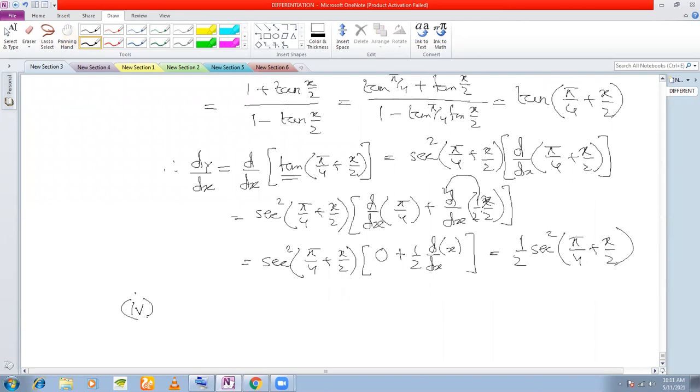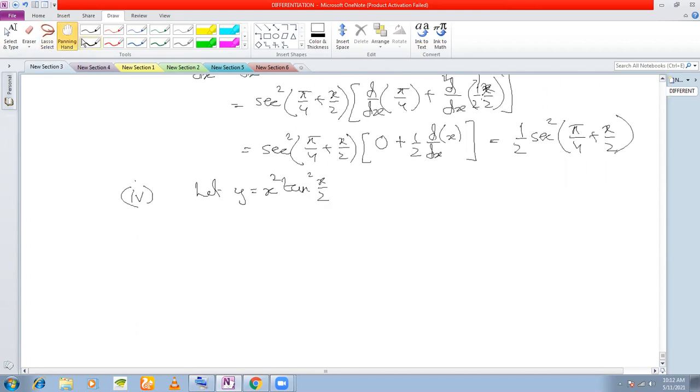We do number 4 then. The fourth one that I gave you was x square tan square x by 2. How to differentiate this? Now obviously this is a product of two functions, right? So you consider this to be your u and this to be your v, and you use the u into v rule.